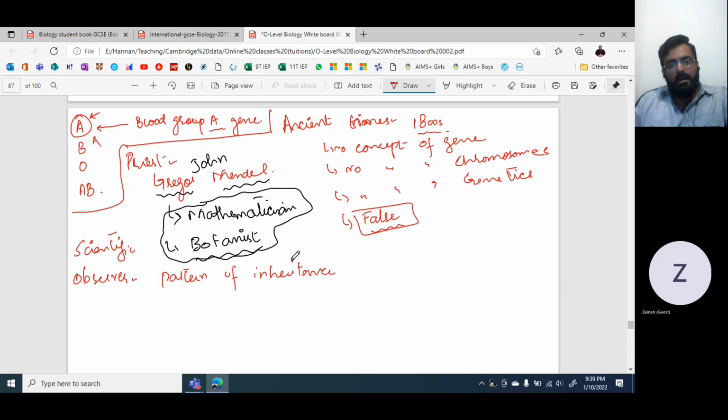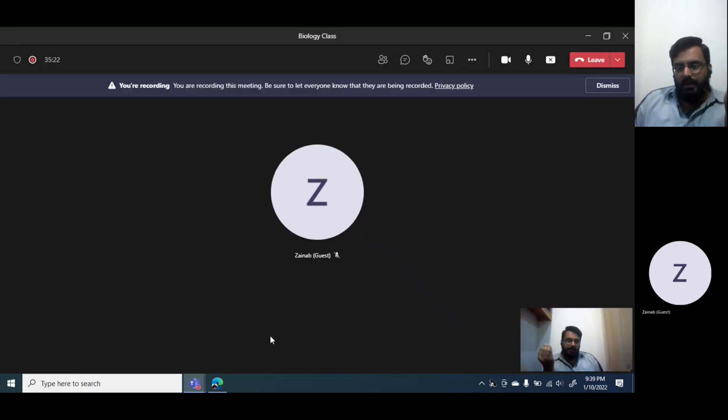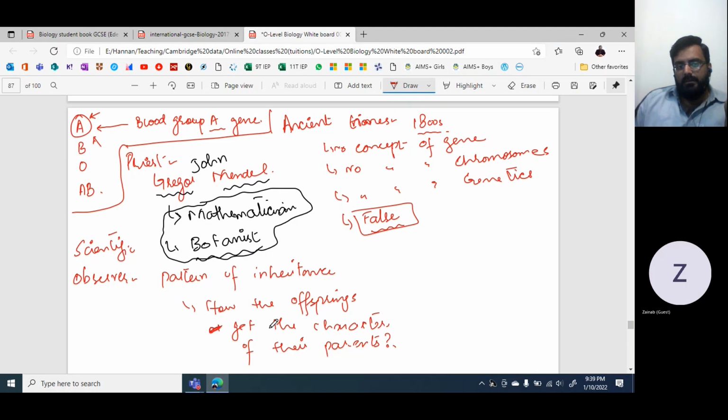They didn't know how the offsprings, or the children, get the characters of their parents. How does it happen that offsprings get the characters of their parents? Does it happen? Keep this in mind. There is no concept of mitosis or meiosis.